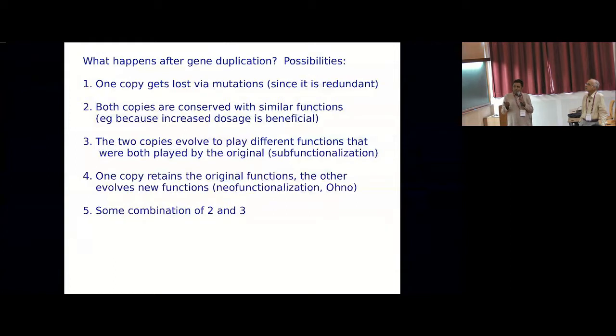Or this is a scenario that has been pushed more heavily in recent years. The 2 copies evolve to play slightly different functions, which were both played by the original. So an example was the ancestral GAL1 and the descendants GAL1 and GAL3, where I think one of them lost its kinase function. Or you can have some combination of these, where you start off by neofunctionalizing and then you subfunctionalize or something.